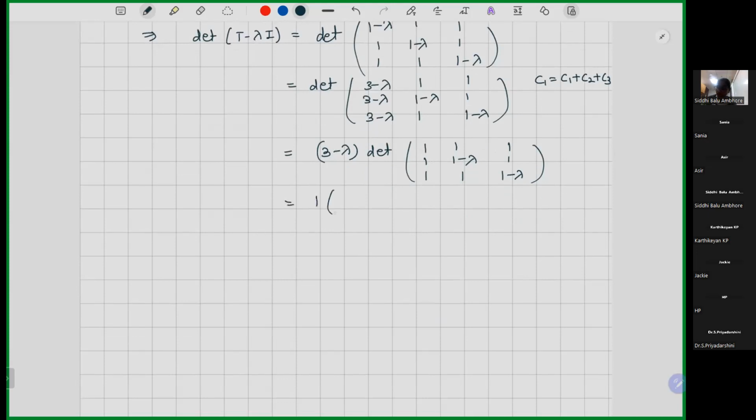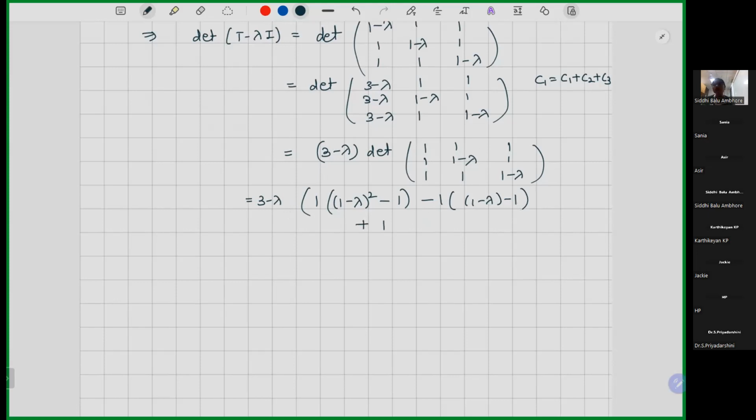So it will give me 1 into (1 minus lambda) squared minus 1, plus, this 3 minus lambda is still there, minus 1 into 1 minus lambda.